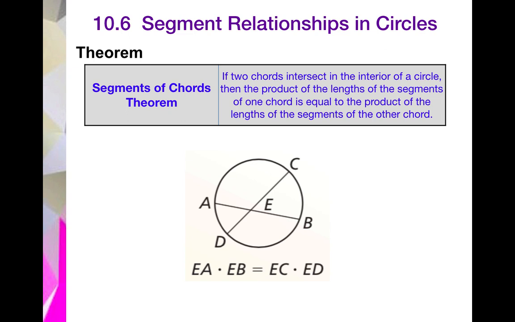It says that if you have two chords that intersect in the interior of a circle, then the product of the lengths of the segments, so the lengths of the segments like AE and EB of one chord, are equal to the product of the lengths of the segments of the other chord, so like DE and EC. And that's what we have down here with this equation: EA times EB is equal to EC times ED.